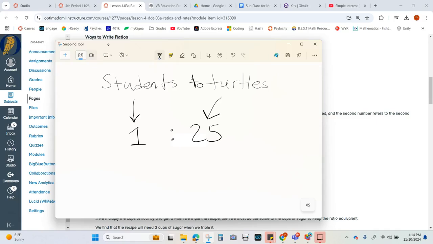So what we should have done is 25 students to one turtle. I know, being a picky poster here, but the order does matter. I would so much rather have 25 of you in my class than have 25 turtles who can't even talk to me.